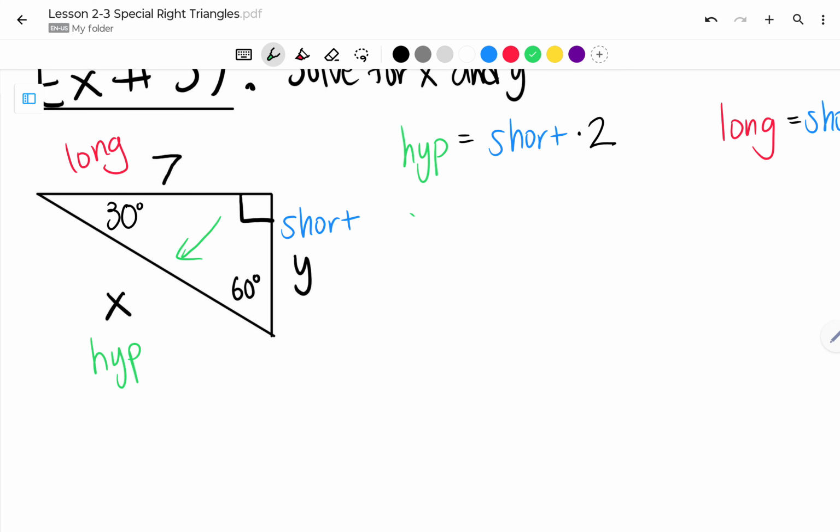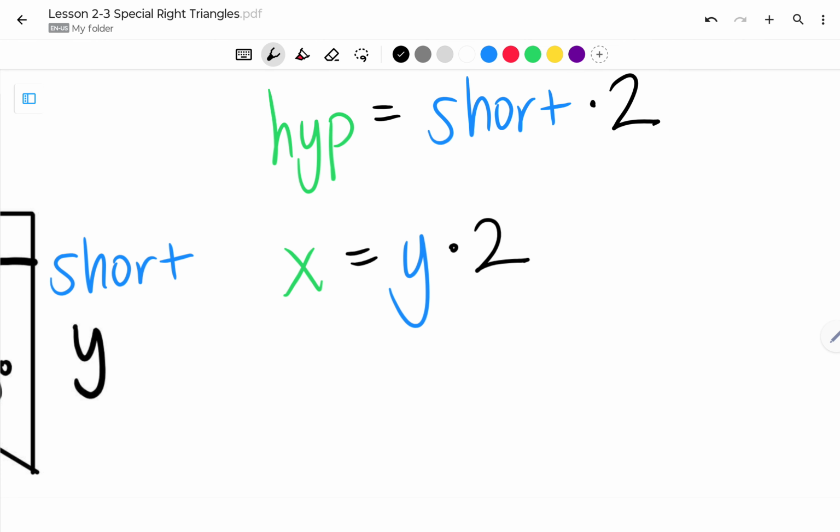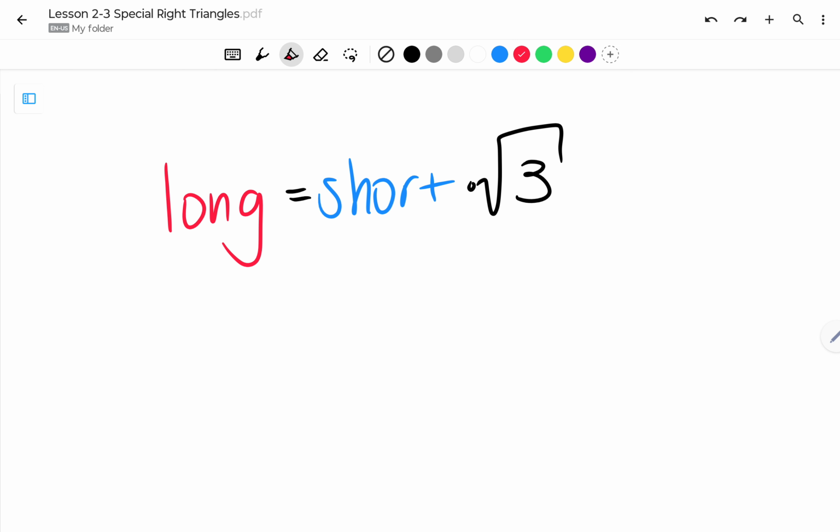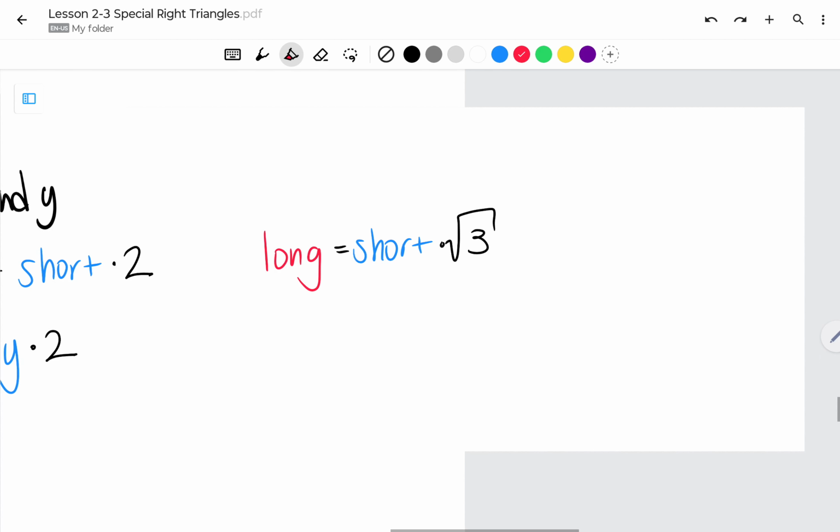Hypotenuse, x, equals short, y, times 2. Can I do anything with this equation? No. I have an x, I have a y. I don't know what y is, I don't know what x is, so we can't really do much.